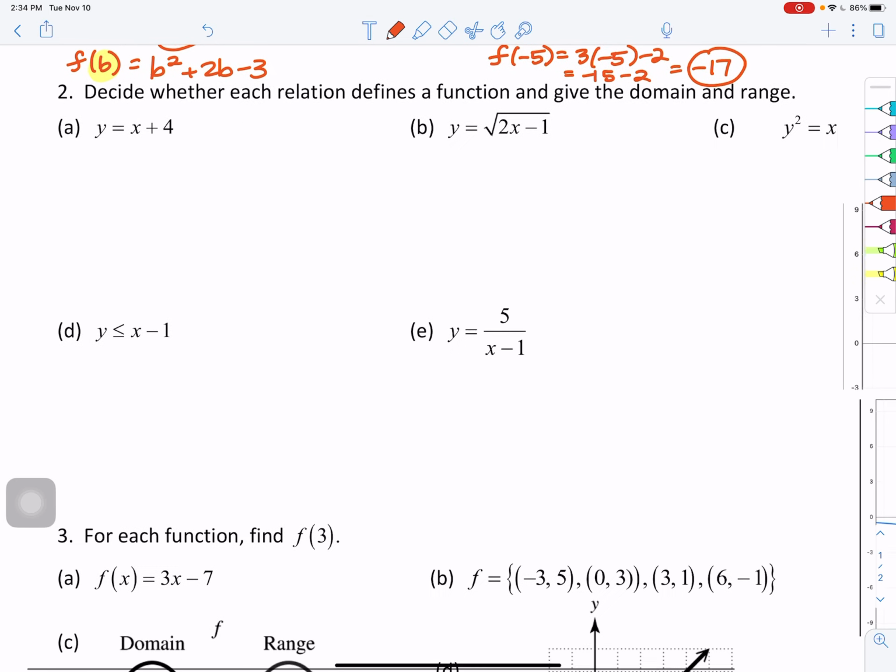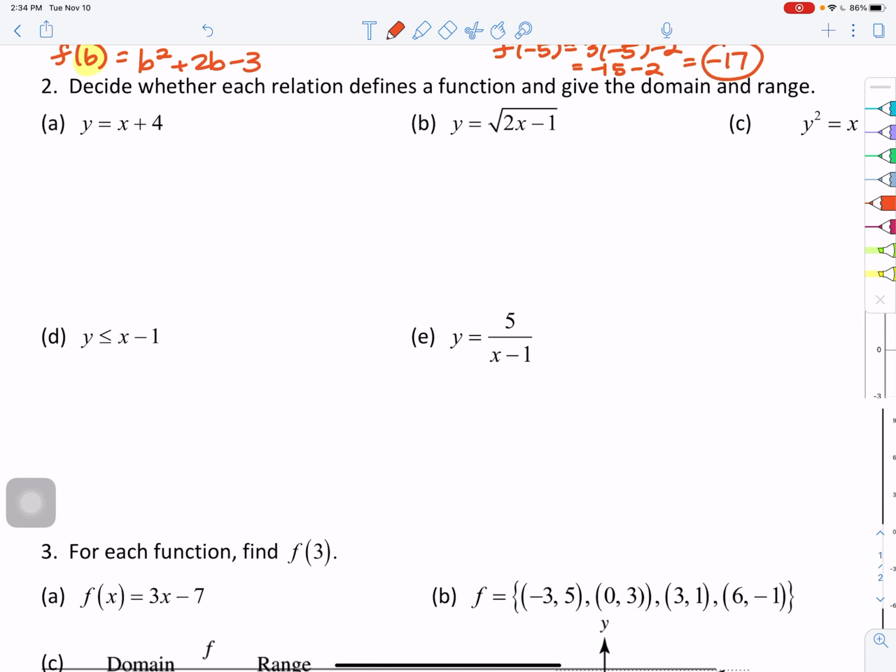Domain and range can sometimes be a little bit confusing, but I'll make sure to give a little extra explanation. The first thing we need to do is decide whether each relation defines a function. And this is an equation of a line. And when we make this a function, let f of x be y, we now have a linear function.